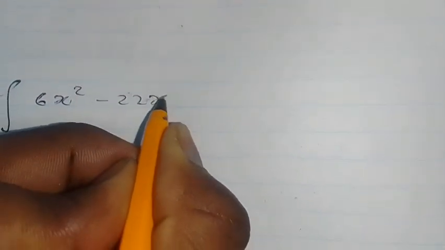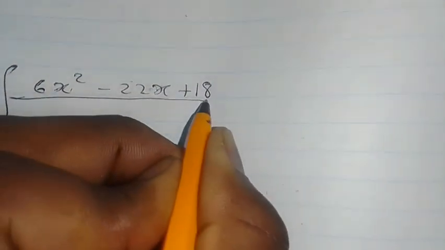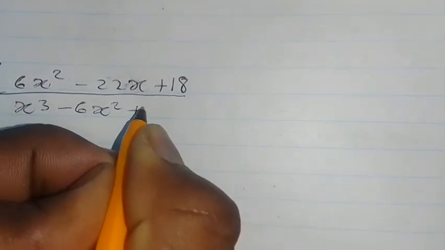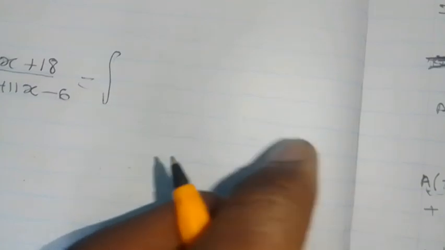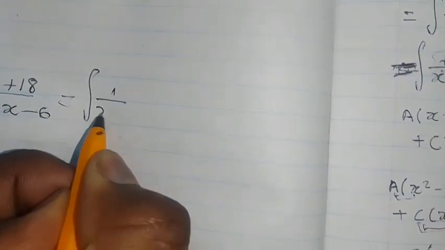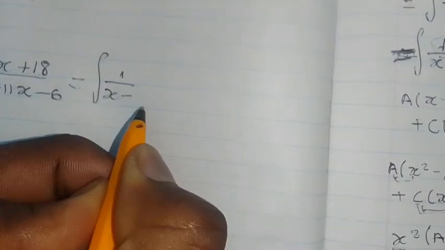Okay. So this means that the integral of 6x squared minus 22x plus 18 divided by x cubed minus 6x squared plus 11x minus 6 can be re-expressed as the integral of, remember this, you just plug in a, which is 1, over x minus 1.